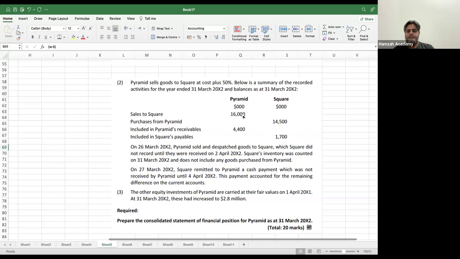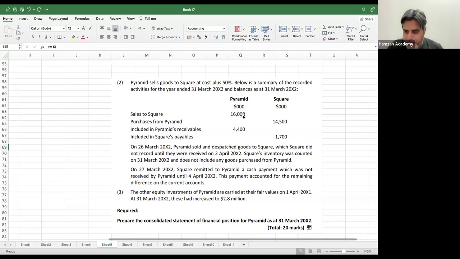Then on 26th March, Paramount sold and dispatched goods to Square, which Square did not record until they were received on 2nd April. Square's inventory was counted on 31st March and does not include any goods purchased from Paramount. And then on 27 March, Square remitted a cash payment which was not received by Paramount, and this payment accounted for the remaining difference on the current account.